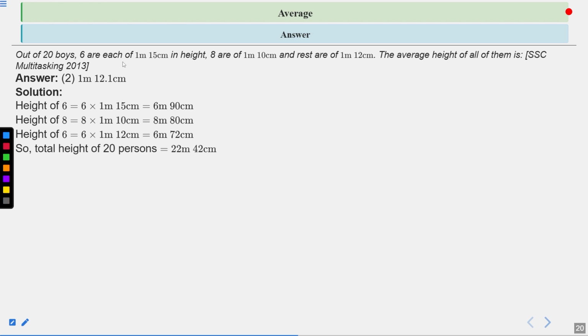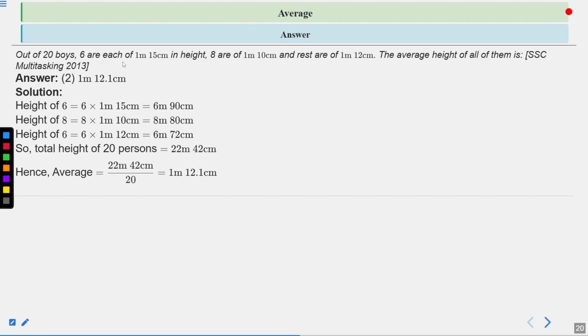So the total height of 20 boys, when we add up, is 22 meter and 42 centimeter. So dividing by 20, we get the average. 22 meter 42 centimeter divided by 20 gives 1 meter 12.1 centimeter as the average height. So the second is the correct answer of this question.